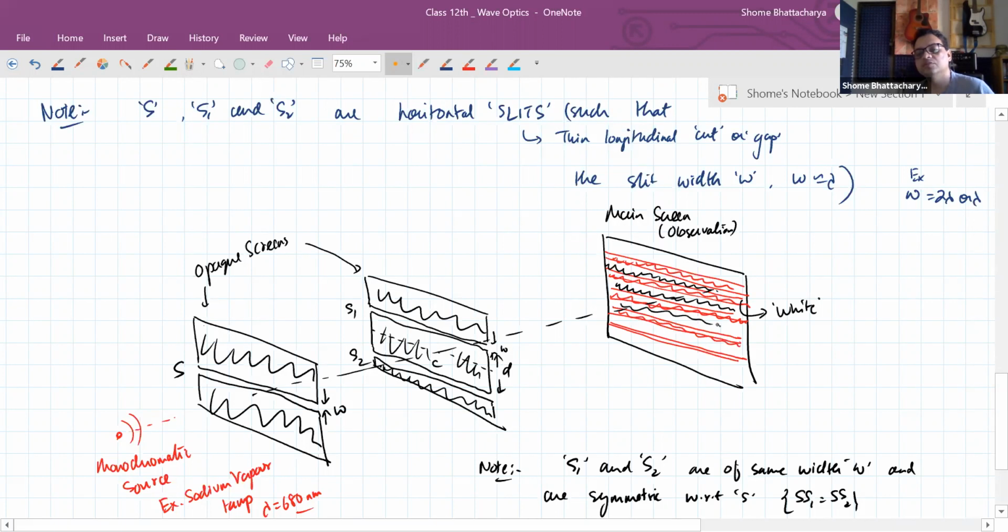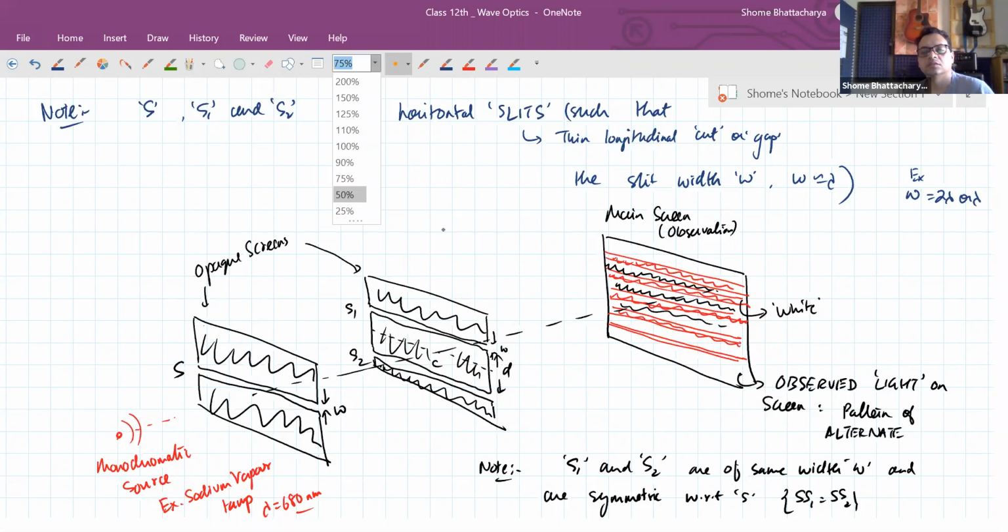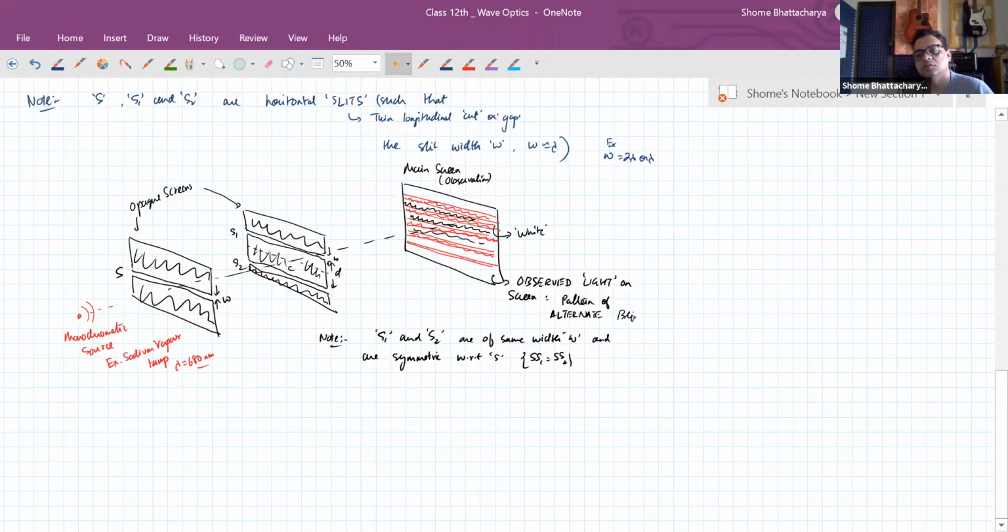So on the screen, what we observe on the main screen is a pattern of alternate bright and dark fringes. These fringes are nothing but thin horizontal bands of light.